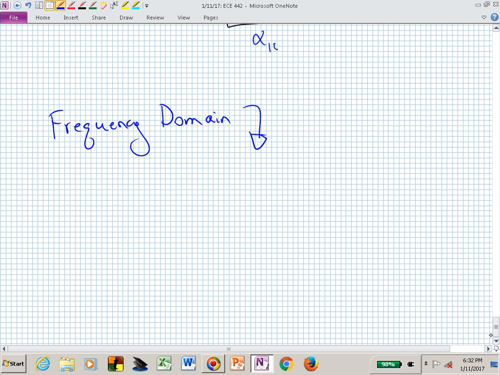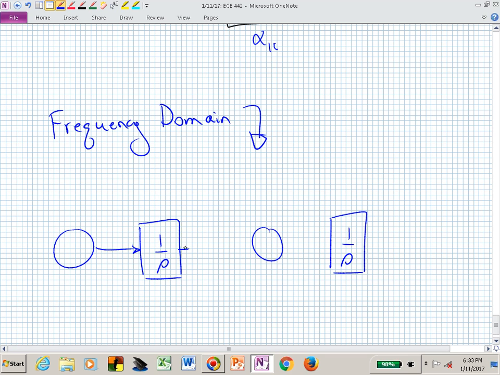The structure is exactly the same, except now those integrators become 1 over s's, operators, but it's interconnected the same as before.